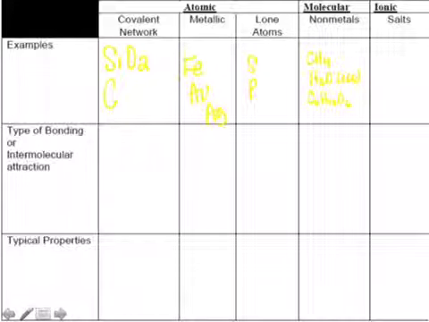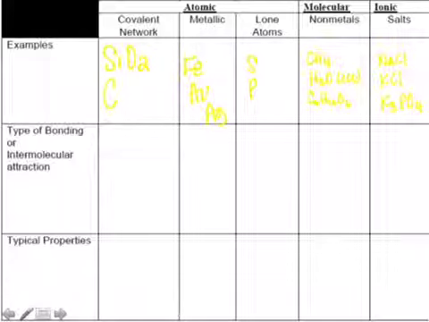And then give me some salts. NaCl. Potassium chloride, KCl. K3PO4. Good. Okay, so those are some examples.